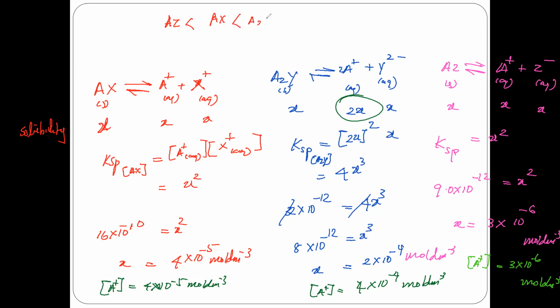Then A2Y is the big one. So let's write the values here. AZ is 3 into 10 to the power of minus 6, this is 4 into 10 to the power of minus 5, and this is 4 into 10 to the power of minus 4. So this is your value. According to that, you can perform the answer.